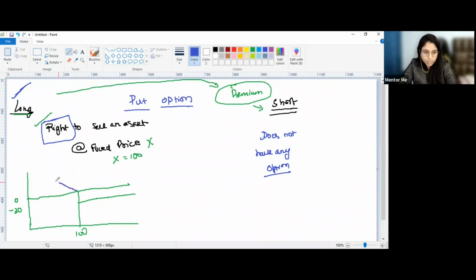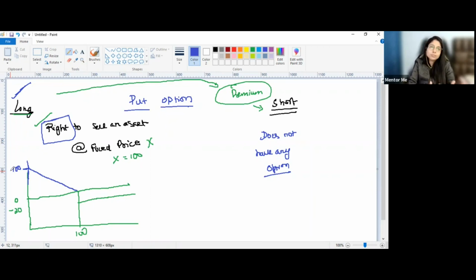So our payoff will increase when the prices fall. When the prices fall, our profit increases, and what is the maximum benefit we can get? Up to 100. The maximum benefit of 100 can happen when the prices fall to 0, since the price cannot go lower than that. If the price was 0, we were in this agreement where we had the right to sell at 100, so we got the maximum profit of 100 minus the 20 rupees premium that we have paid.